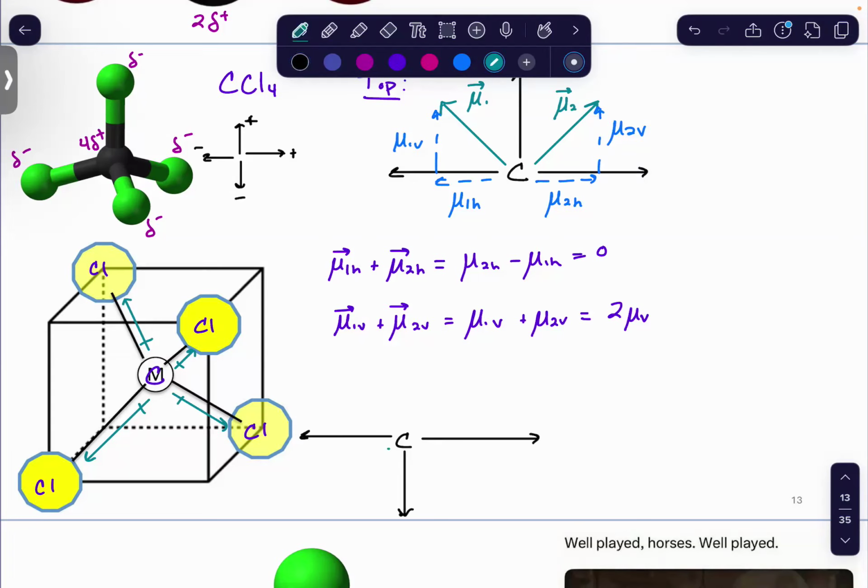And then for the bottom two, this is also going to have horizontal and vertical components.